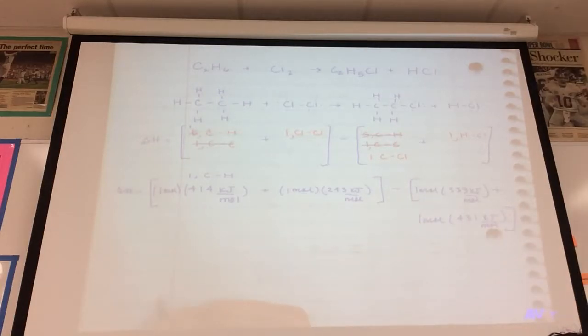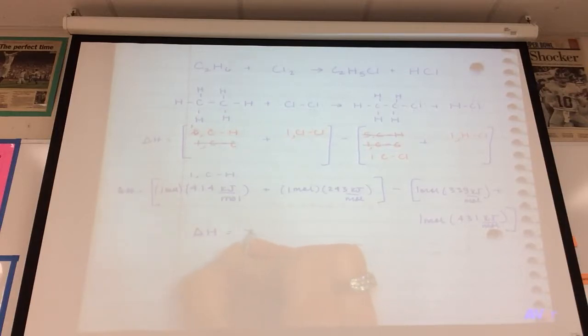And then just watch your math and you'll be fine. You can clearly see here that this is going to be 600 and something minus a greater value. So your delta H is going to be exothermic. Your reaction is going to be exothermic here because delta H is negative, and you get negative 113 kilojoules.